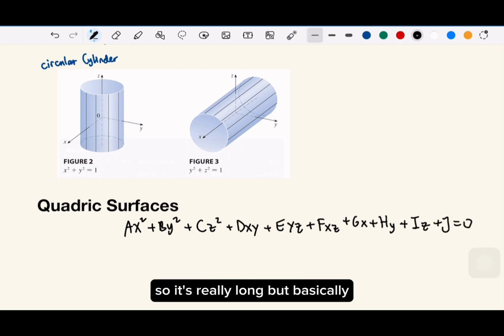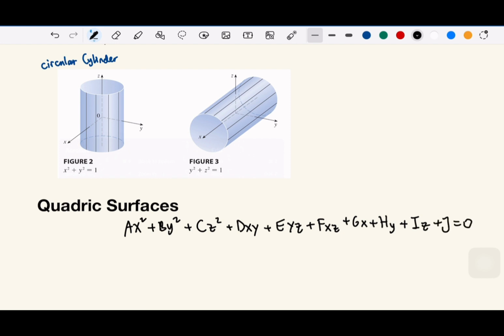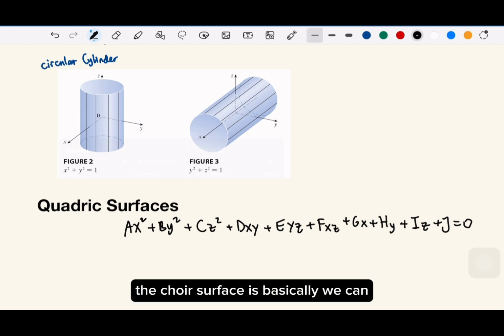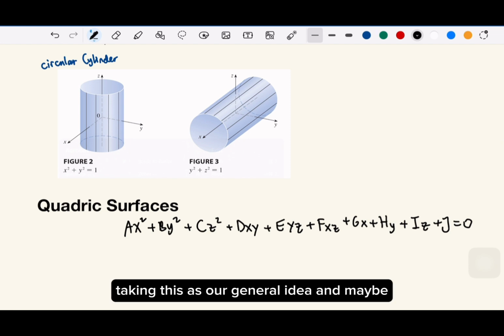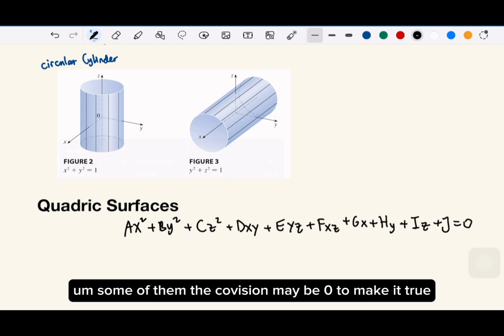It's really long, but basically the quadric surface is if we can write some equations taking this as our general idea, and maybe some of the coefficients may be 0.